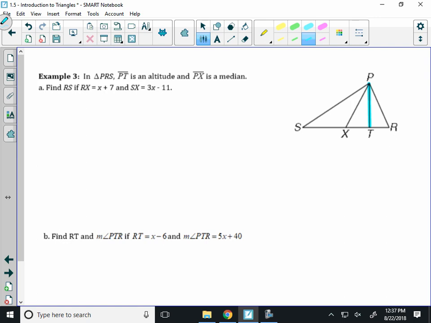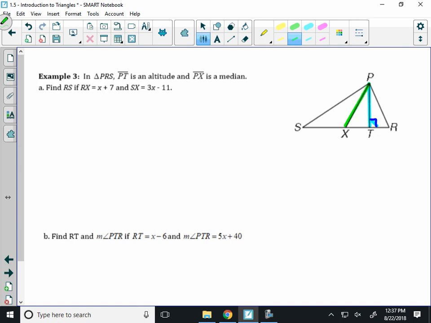So I know where PT is hitting that side. I know all those angles are right angles. That's what's important to know about that vocab word. Altitudes create right angles. Okay? It told me that PX is a median. There's PX.